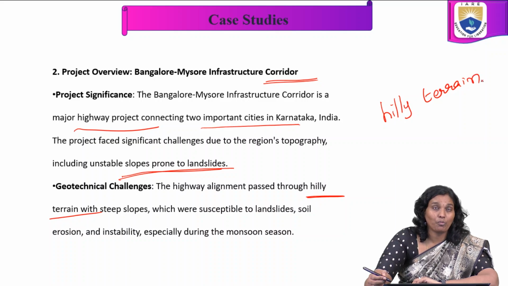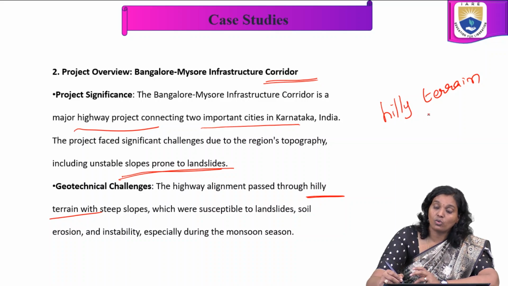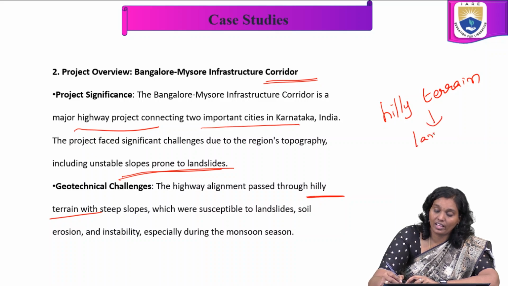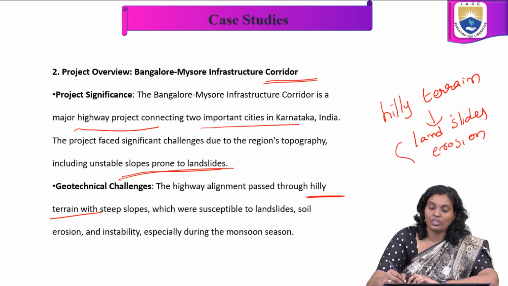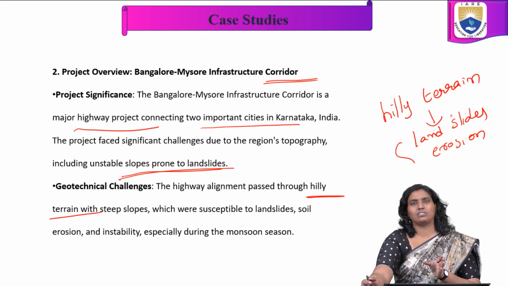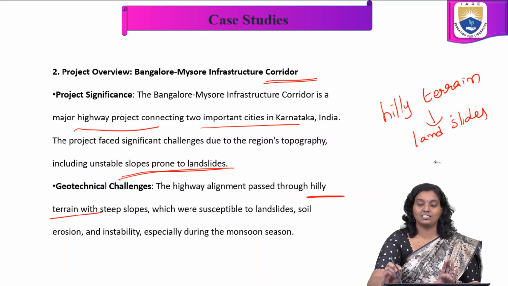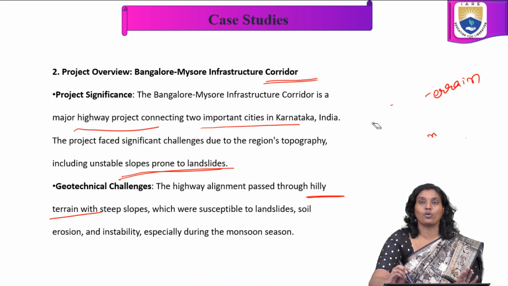Proper ground improvement techniques and modifications are required for construction in areas susceptible to landslides. Not only landslides, but also soil erosion and instability, depending upon the season. This is the significance of this project.